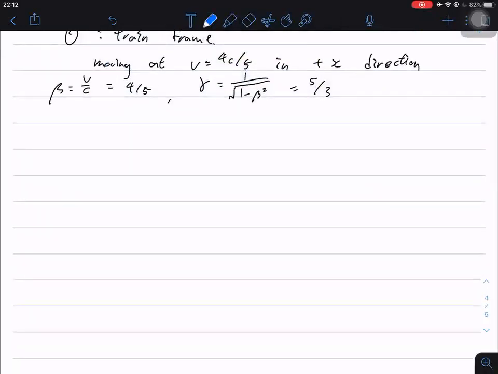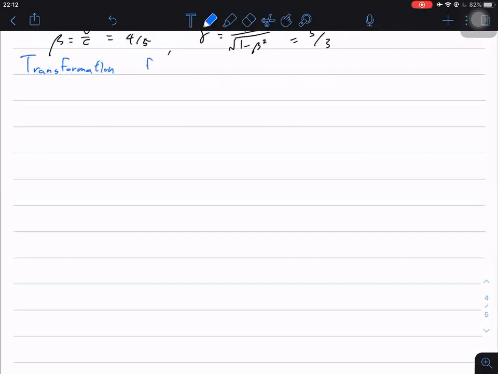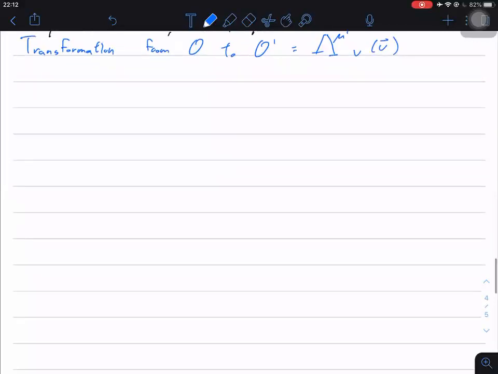So with beta and gamma, we can write down the transformation matrix from the O frame to the O prime frame. Let's say this one is big Gamma with indices mu prime, nu, with this particular velocity.